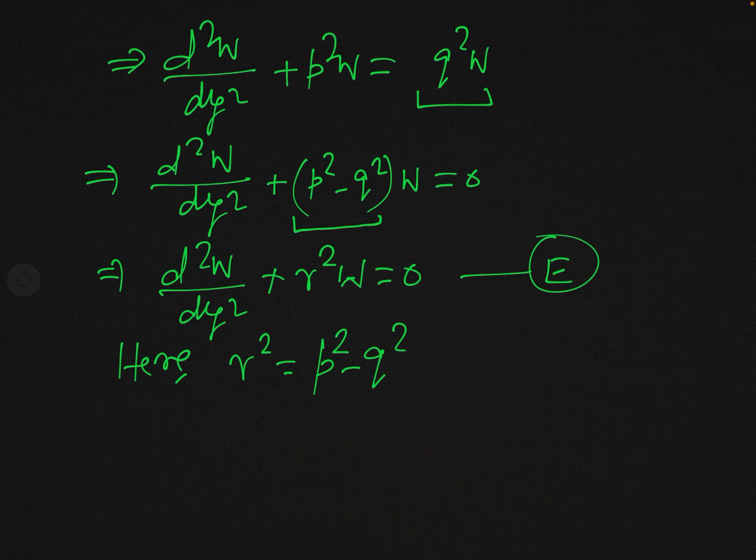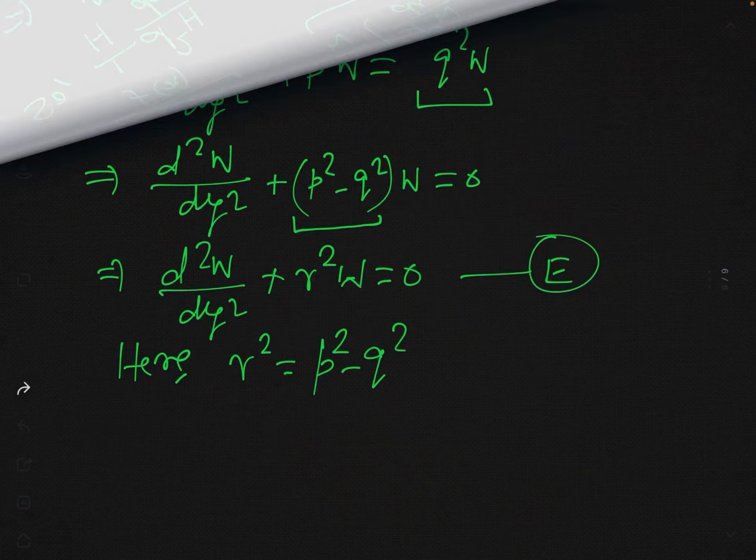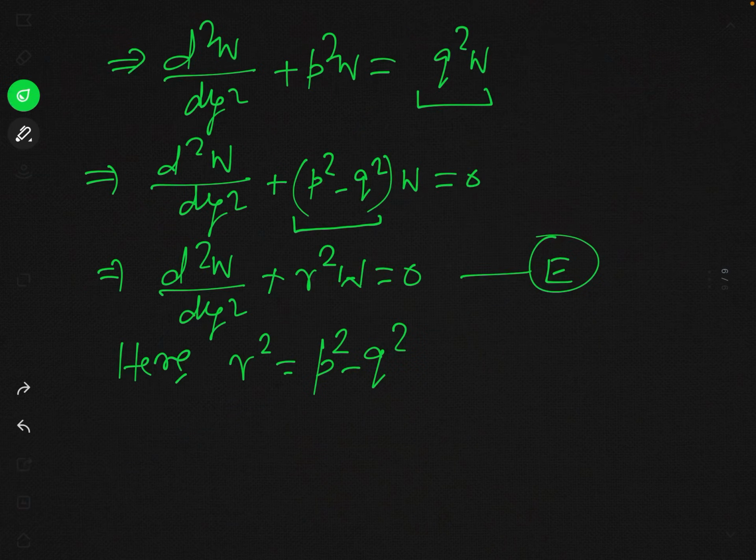Now you have two standard second order differential equations. In equation D we have a second order differential equation with constant coefficient in terms of the function h, and in E there is a second order ordinary differential equation with constant coefficient in terms of the function w.